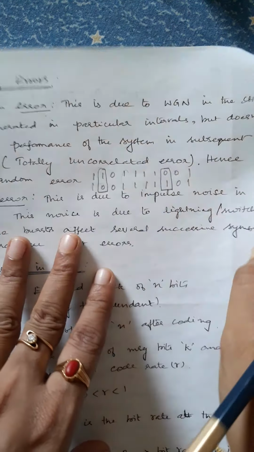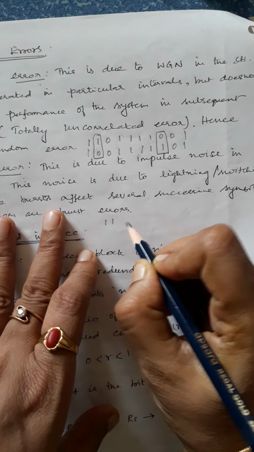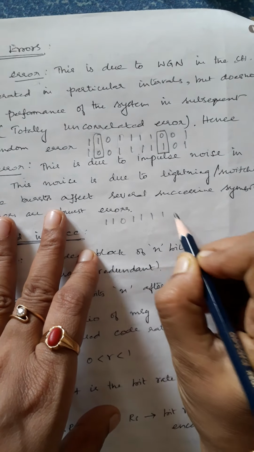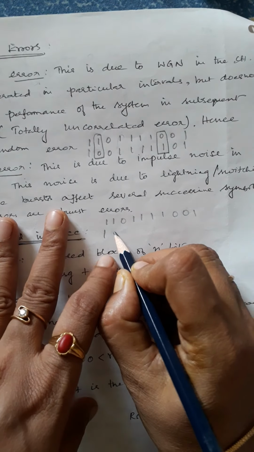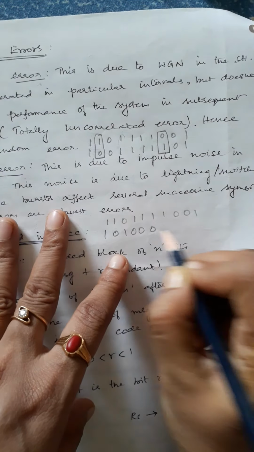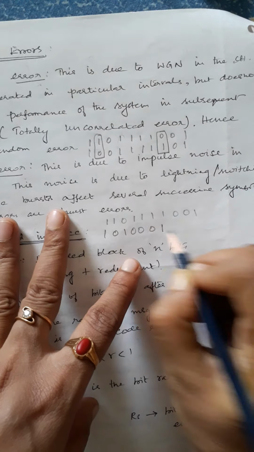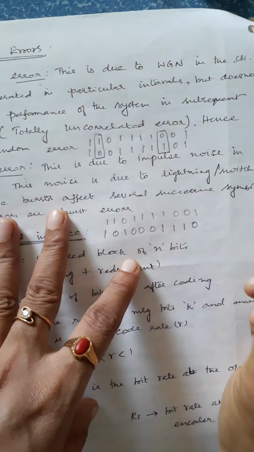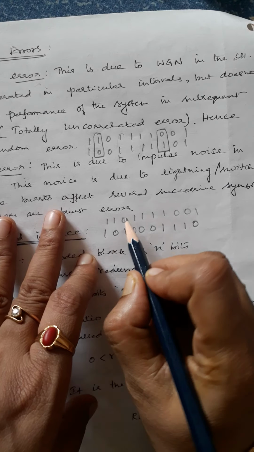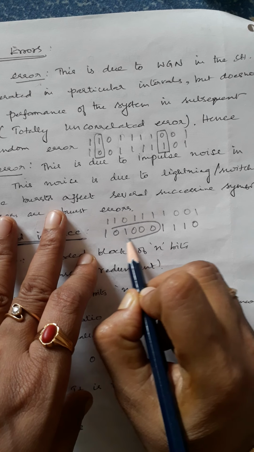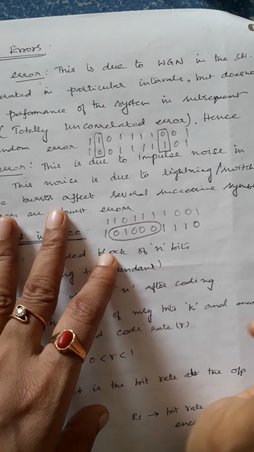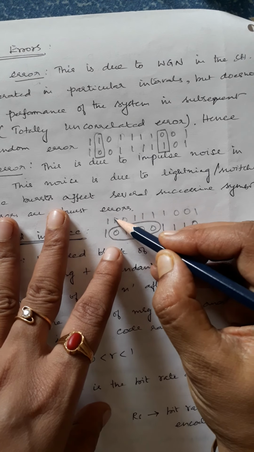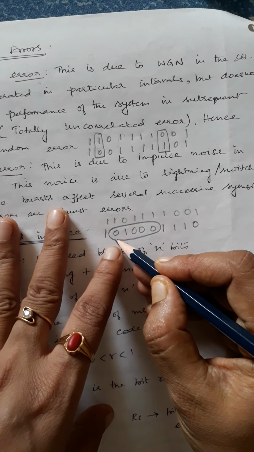Whereas in case of burst error, we will take the same example, 110 111 001. Assume this was the transmitted bit sequence. You can observe that for this entire stretch, the received bits are wrong. 1 was transmitted, 0 received; 0 transmitted, 1 received; and here also once again.